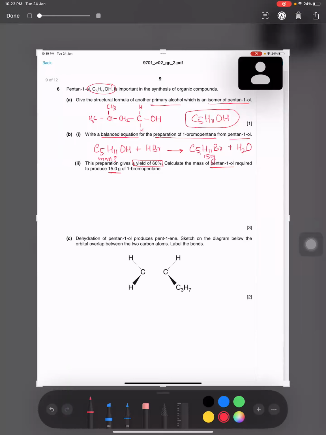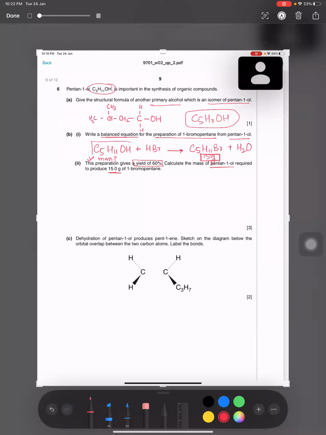So you can see they gave you mass and they're asking for mass. This is a mass to mass relation. Whenever they give you mass and ask you for the mass, you can directly apply a relation, okay? Mass to mass relation आप apply कर सकते हैं.